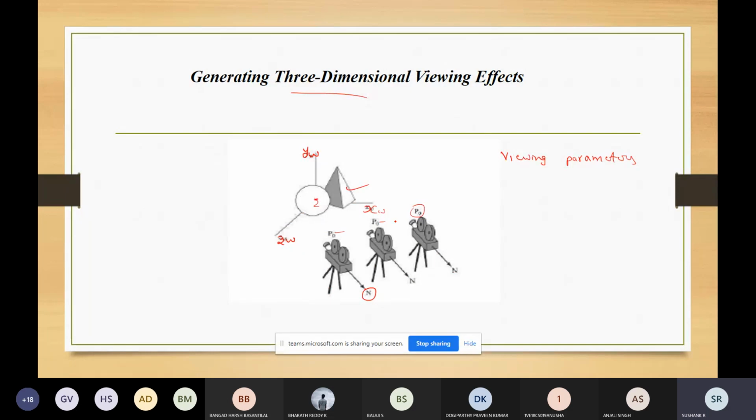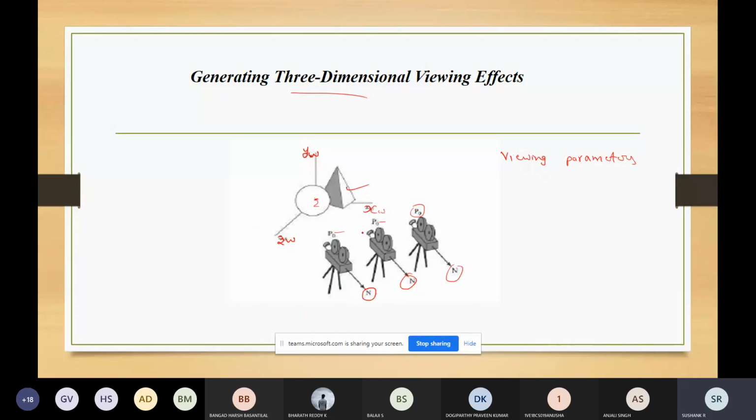The second thing is you can vary this n to create a multiple display, which consists of multiple views from the fixed camera position.